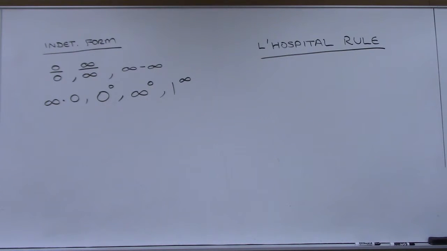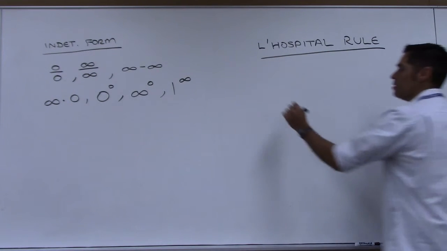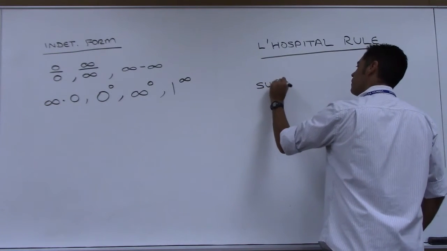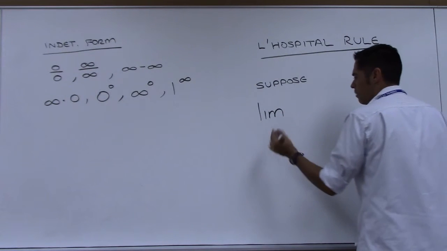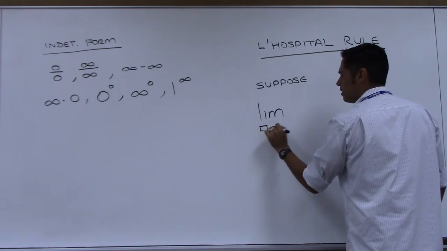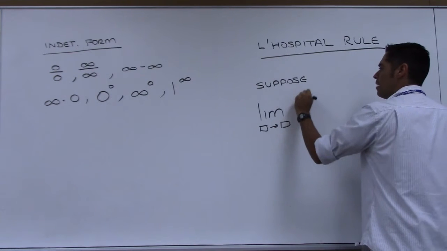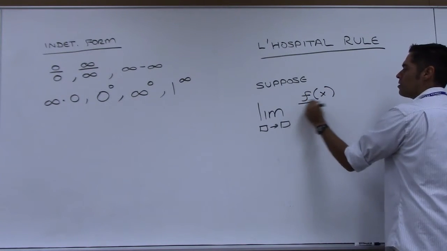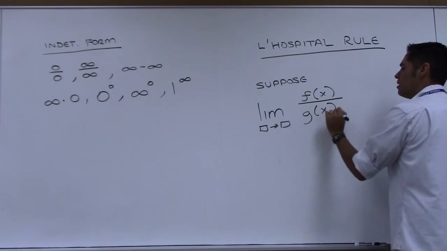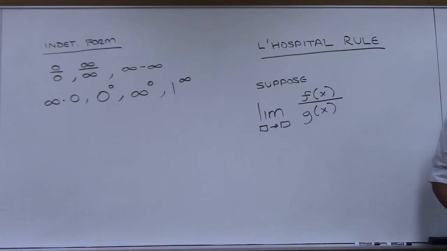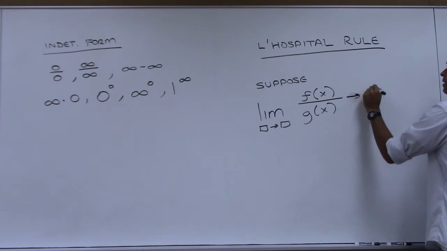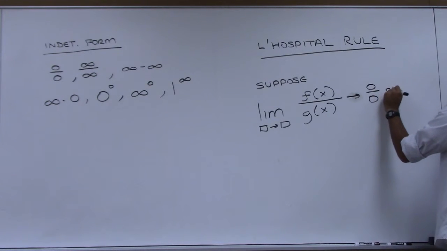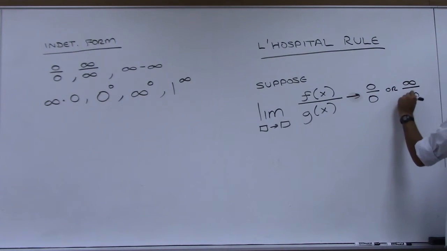So here's the rule. It says this. Suppose you're taking a limit, and it really doesn't matter what the variable is, and it doesn't matter what it's going to, but you have two functions, a function f of x on top and a function g of x on the bottom. So you have a ratio of two functions. Suppose that you have this limit, and you're getting 0 over 0 or infinity over infinity.